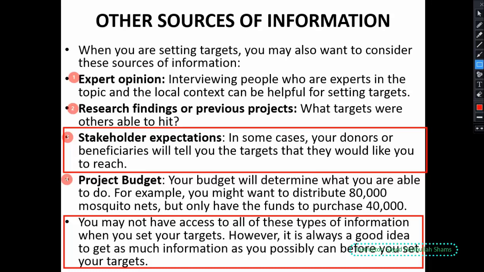Then you can set targets. So through these steps you can set targets. Thank you.